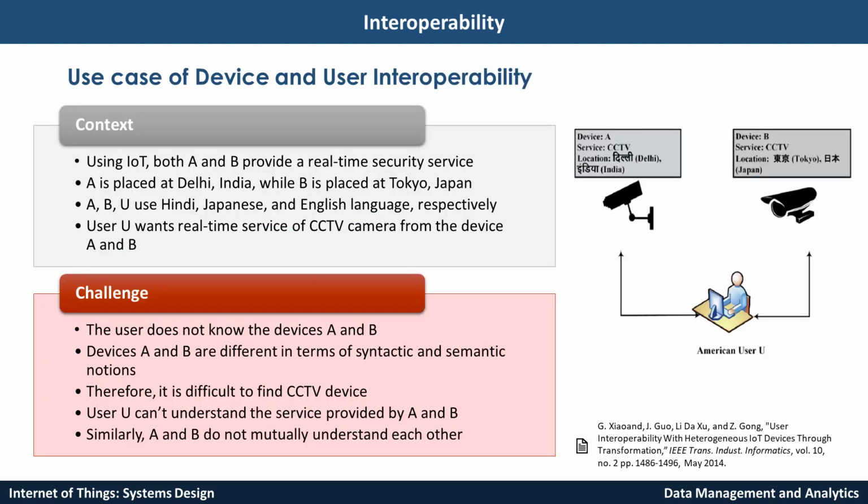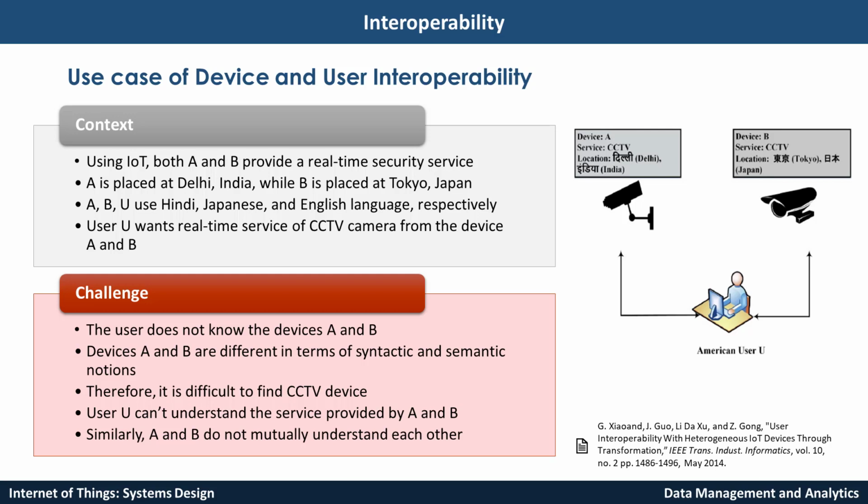This use case will help you to understand device and user interoperability. Here the use case is about two different CCTV systems. The context is that using IoT, both A and B provide real-time security services. A is placed in Delhi, India, and B is placed in Tokyo, Japan.